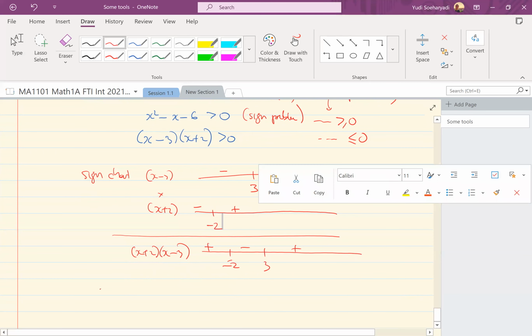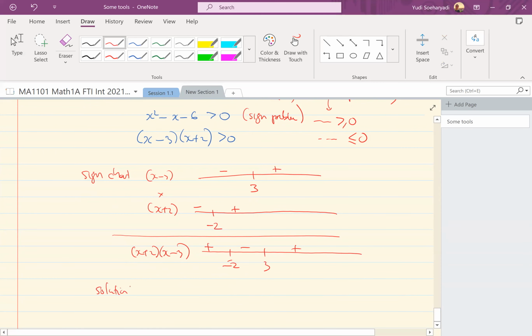Okay, so the solution set is, to the left of negative 2, it's excluded. Okay, and let's see.